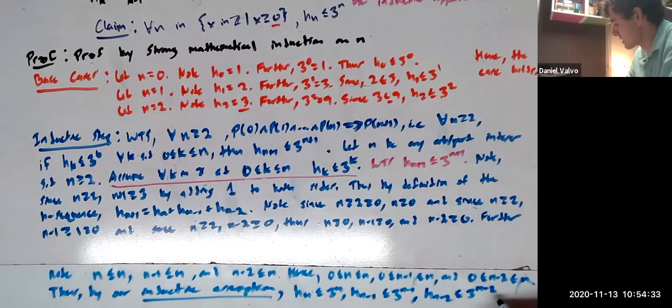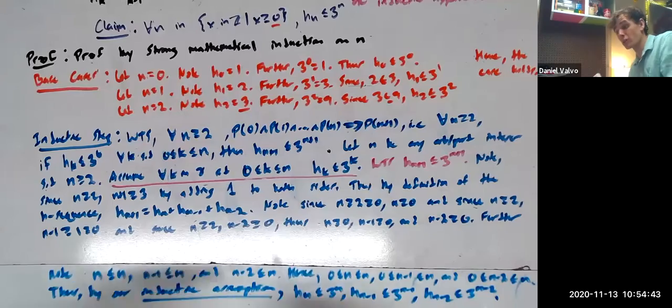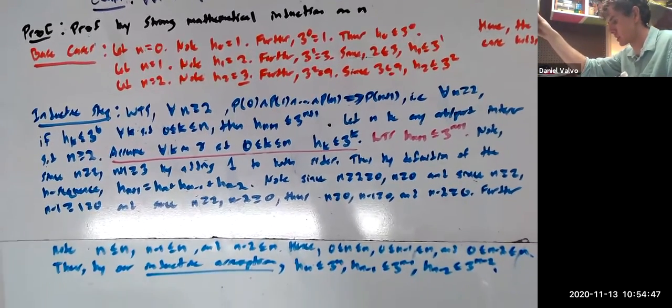And that's where we can stop, because that's all we care about. We just care about showing the 3 previous cases are less than or equal to their respective powers of 3, and they totally are under the assumption that it holds up to n, which is how induction works.